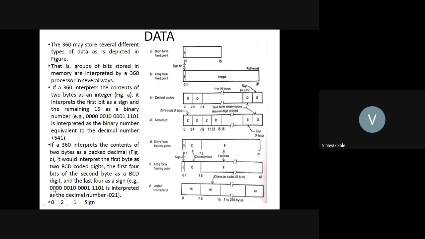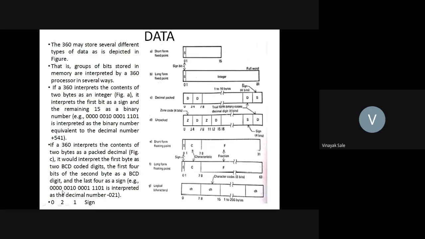Then this 0000 indicates 0, then this indicates a 2, and this is 1.